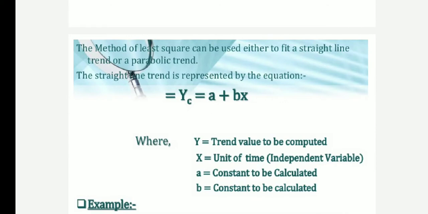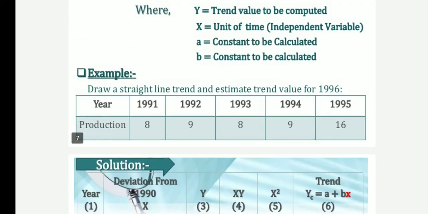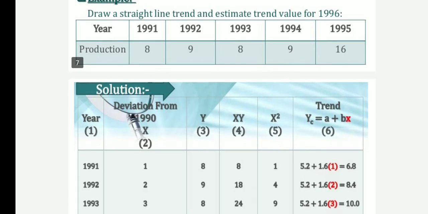The straight line trend is represented by yc equal to a plus bx, where yc is the trend value to be computed for the prediction, x is the unit of time, the independent variable, a is the constant to be calculated, and b is the constant. Example: the different years are given and production is given. Now the solution is like this.